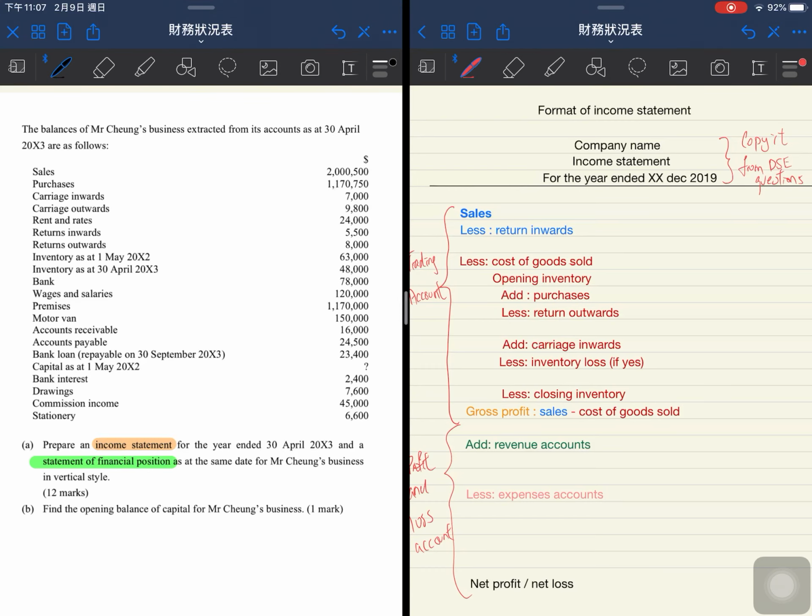To answer these questions well, we should know which account belongs to the income statement and which account belongs to the statement of financial position.